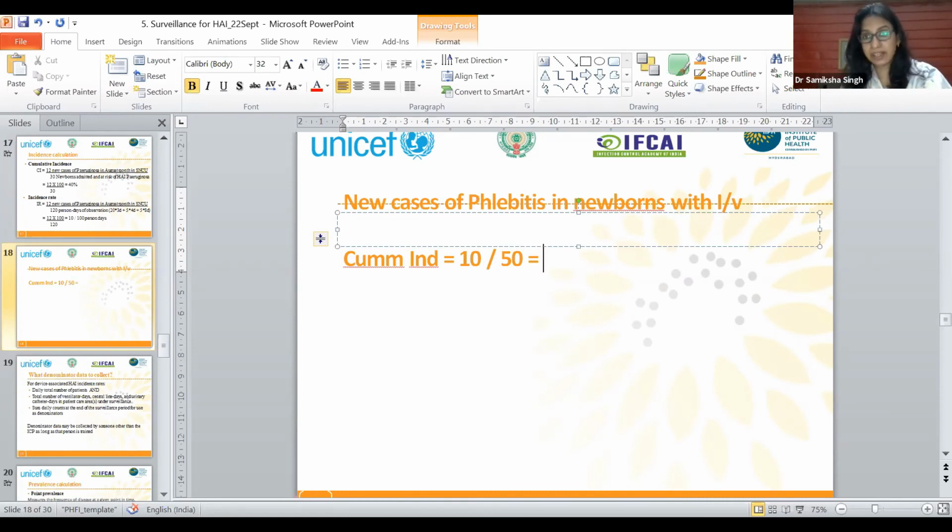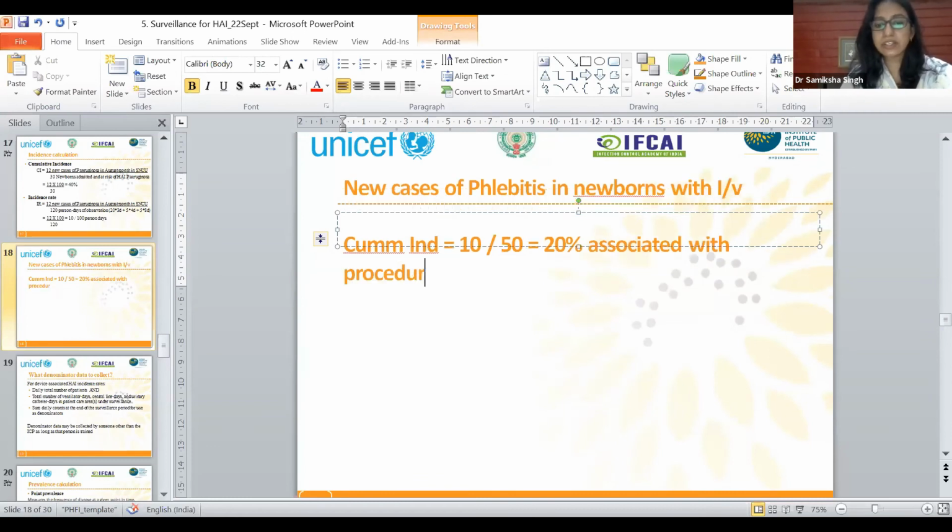If we calculate that, we will get a simple percentage of 20%, which is associated with the procedure. So 20% of IV cannulations lead to phlebitis. That is your indicator. That's what Rajan is saying. It may not be just associated with admission. You can calculate it with the procedure of IV cannulation.